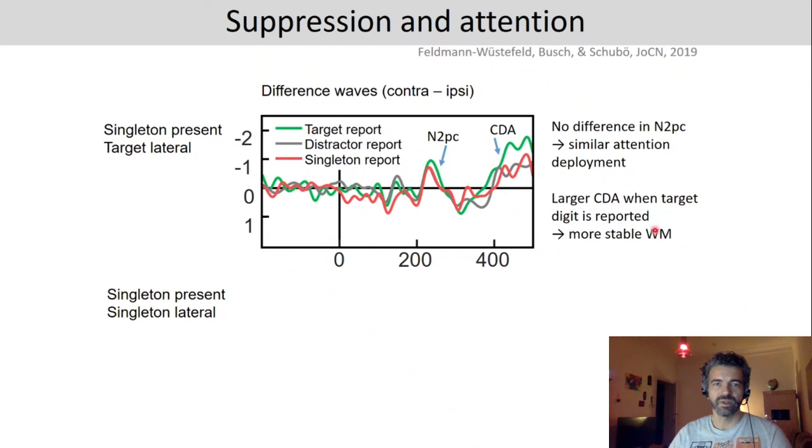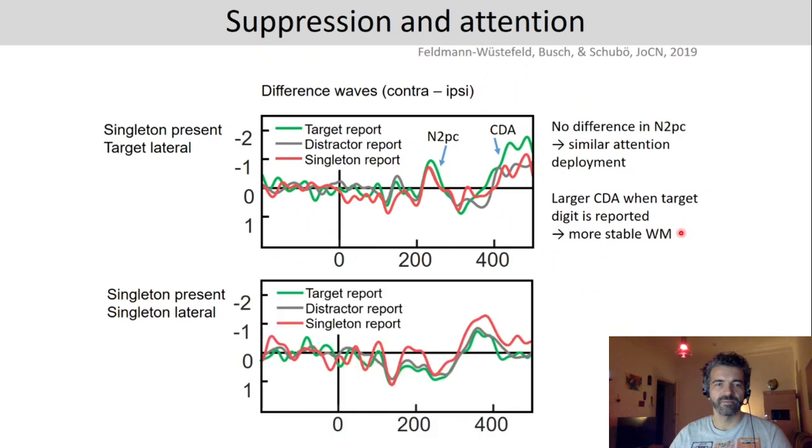There was also a larger CDA when the target digit is reported, which indicates a more stable working memory. But we will talk more about the CDA component in the next session, so for now you don't need to consider this further. Now the most critical comparison for us was trials in which the singleton was presented laterally.